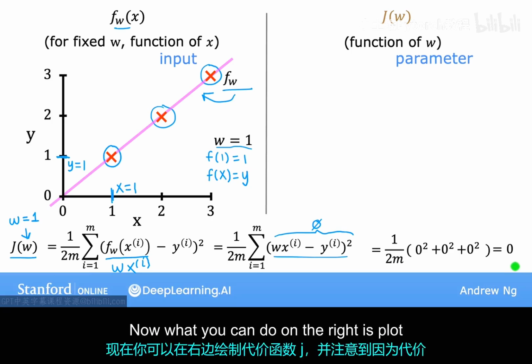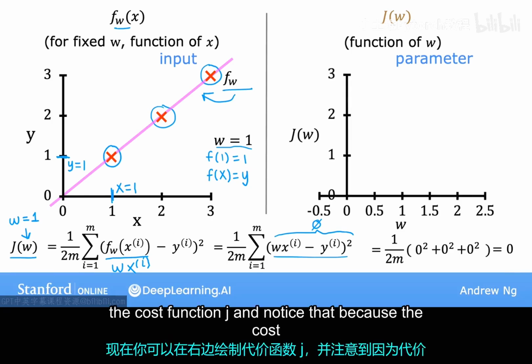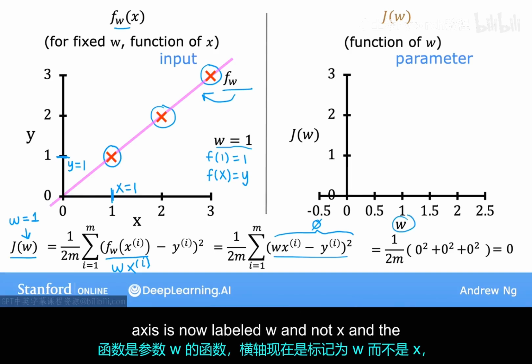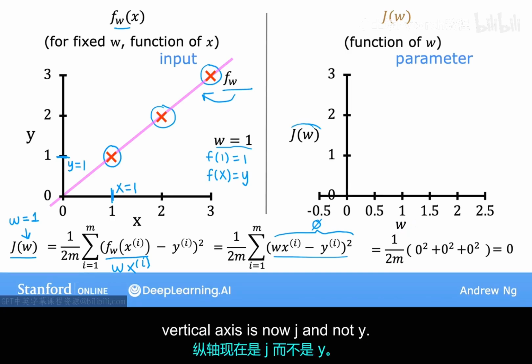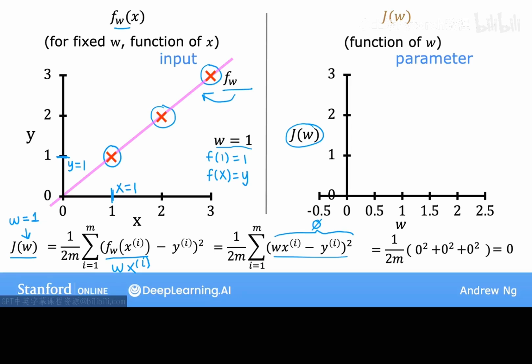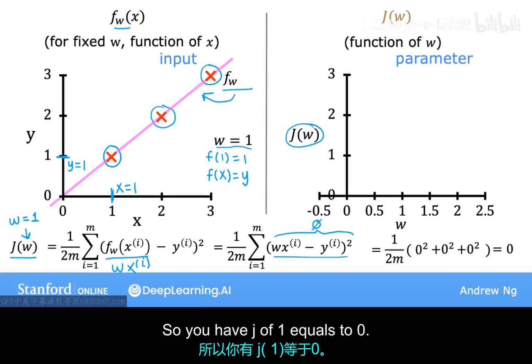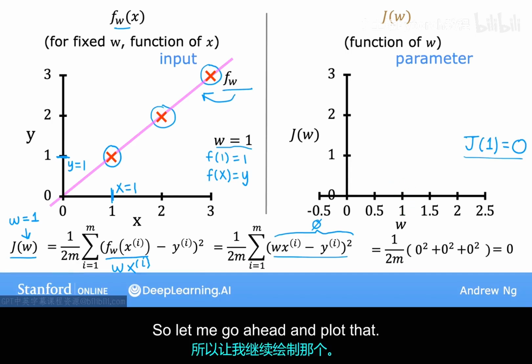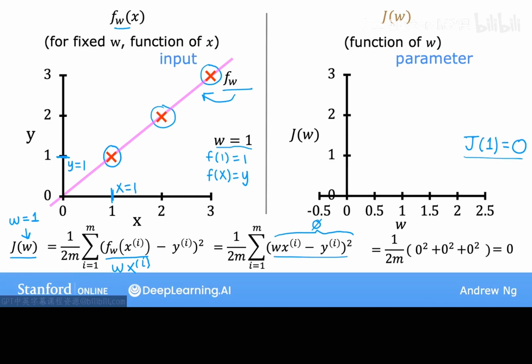Now, what you can do on the right is plot the cost function J. And notice that because the cost function is a function of the parameter w, the horizontal axis is now labeled w and not x, and the vertical axis is now J and not y. So you have J of 1 equals 0. In other words, when w equals 1, J of w is 0. So let me go ahead and plot that.